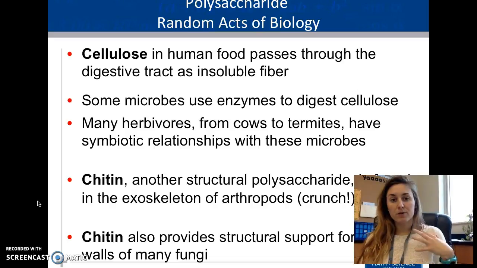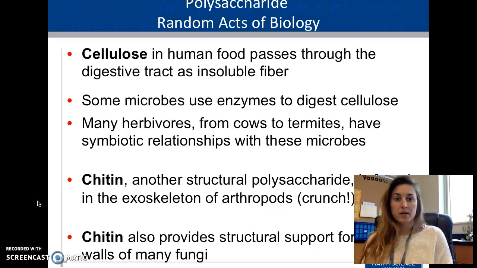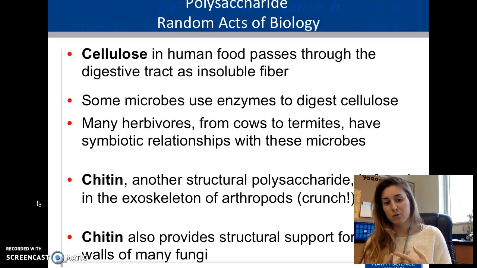So things to think about: polysaccharides in relation to biology. Polysaccharides, so long chains of carbohydrates, show up all over the place. Cellulose in plants and in things that we ingest. We see chitin, which is another polysaccharide, and it's found in the exoskeletons of arthropods and the structure of fungi.